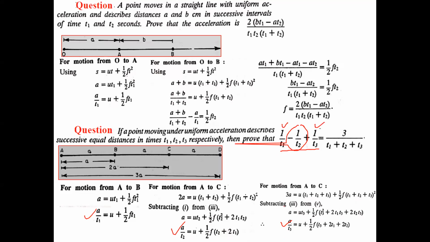So you have to add these two equations, this one and this one, and from this one we have to subtract the other equation. So after adding and subtracting, you will remain with 3 by T1 plus T2 plus T3. So this is the thing we have to do.